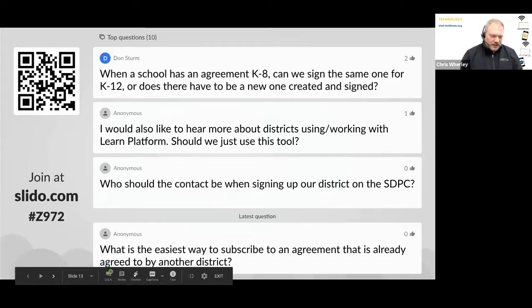But as far as SOPPA, you can pretty much do everything that you need to do with these SDPC tools. But there are other things that you can do, such as what was mentioned before, the soliciting of agreements through vendors through something like Learn Platform or Education Framework, and those different things.